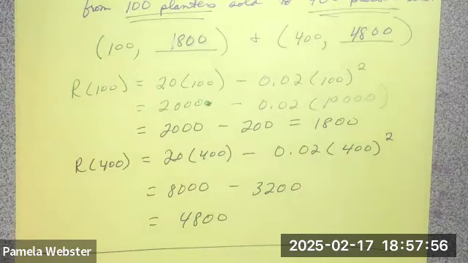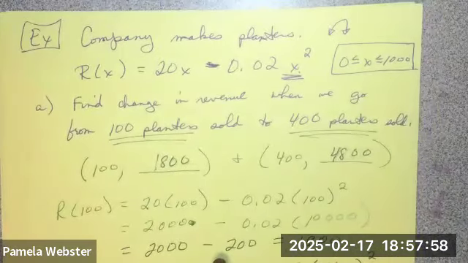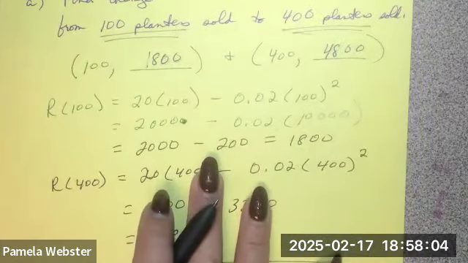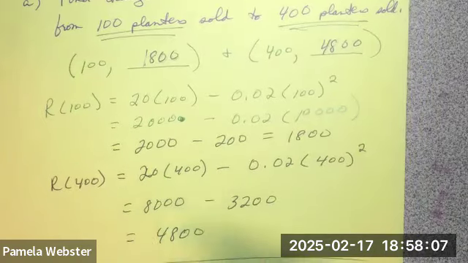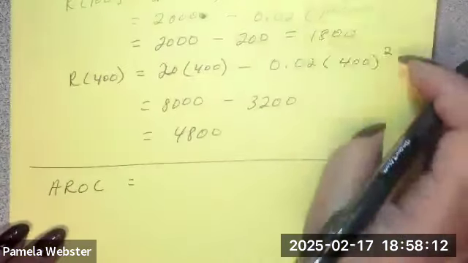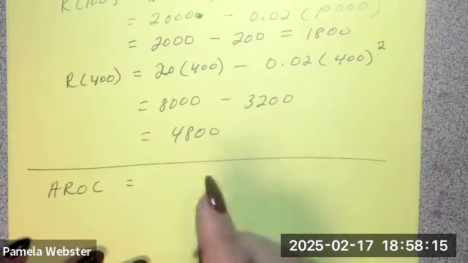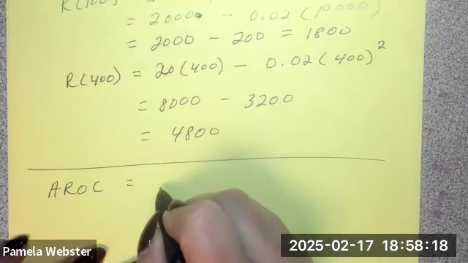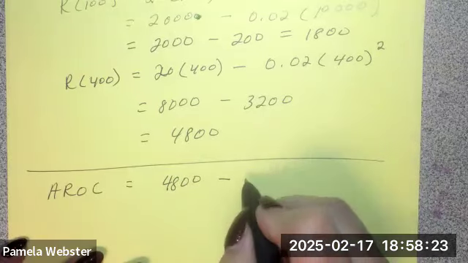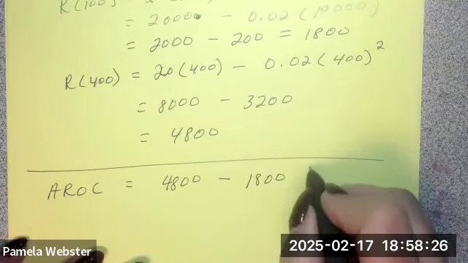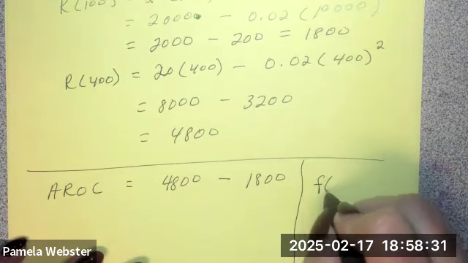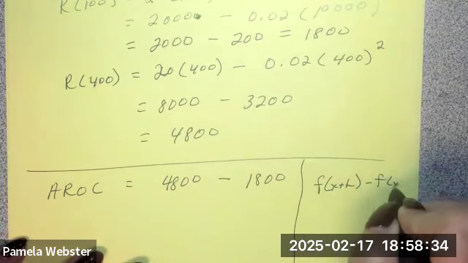Now, we haven't started the problem yet because the problem said find the change in revenue when we go between those, right? When we start at 100 and we go up to 400 planters. So what we need to do is our average rate of change. Well, we know that it's the f of x plus h guy, or the y2, 4,800, minus the y1, which is the 1,800, or in the function, the difference quotient, f of x plus h minus f of x, right?